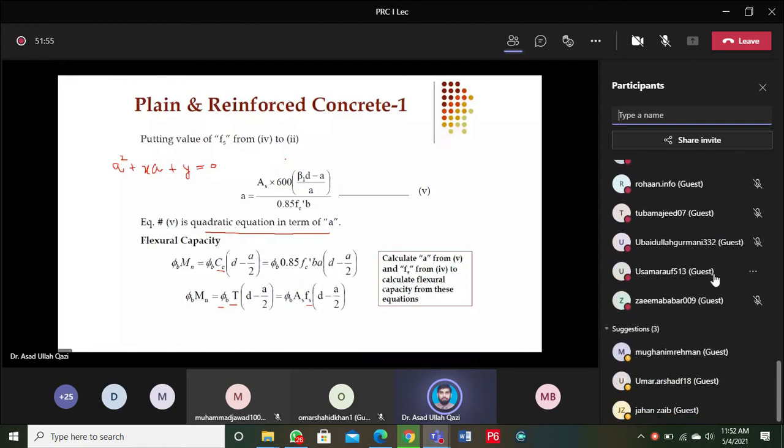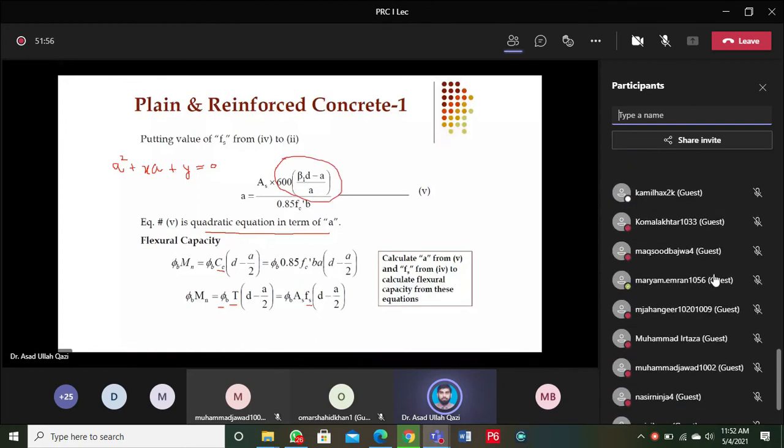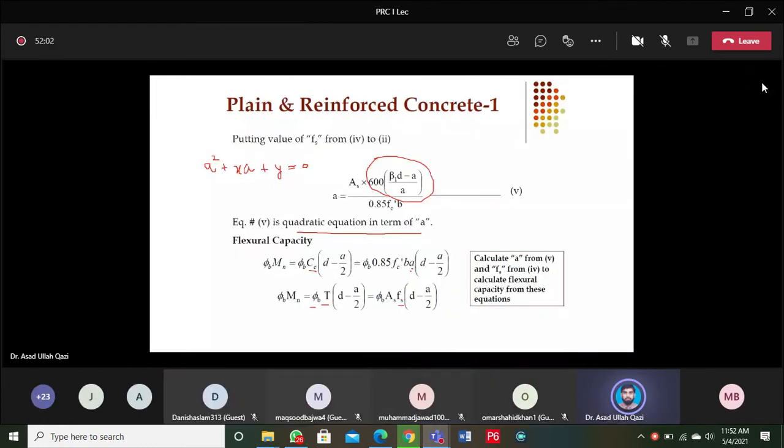If you want to use T into lever arm, if C into lever arm, fine, your calculated a will be used here and you will get the internal capacity.